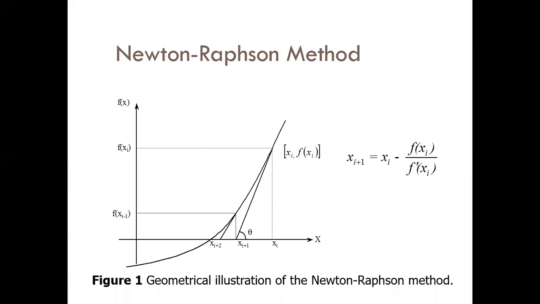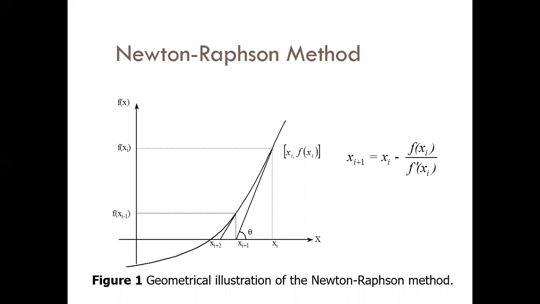According to the graphical representation of the Newton Raphson method, we can draw a tangent from the point xi comma f of xi, and this tangent line will intersect the x-axis. This is called the new guess.